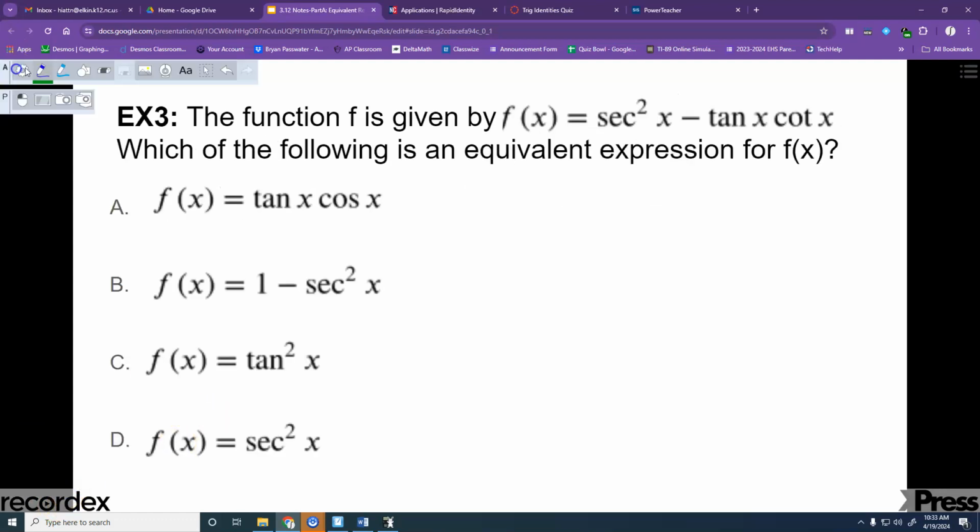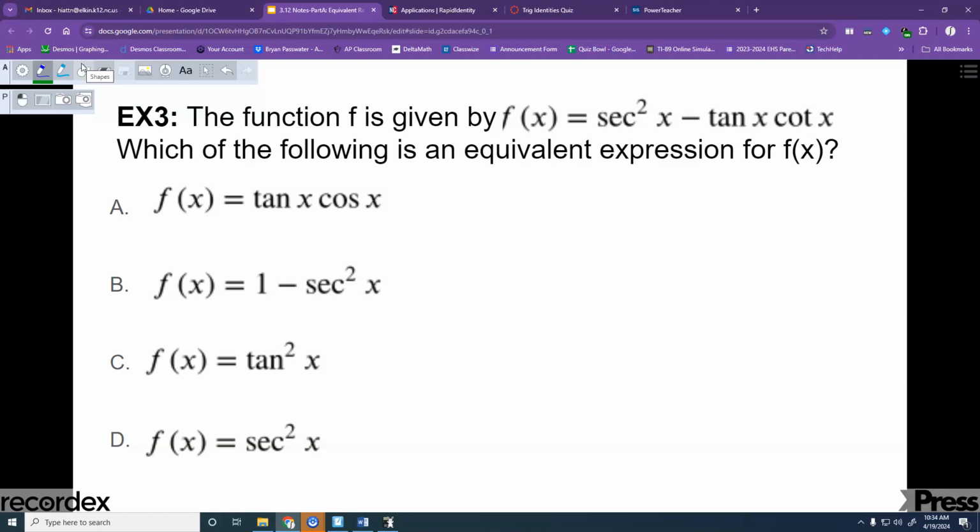Okay, here's another example. It says the function f is given by f of x equals secant squared x minus tangent x cotangent x. Which of the following is an equivalent expression for f of x? This has a lot of different ways that we could go with it.